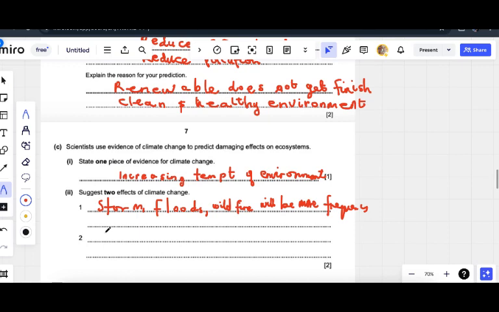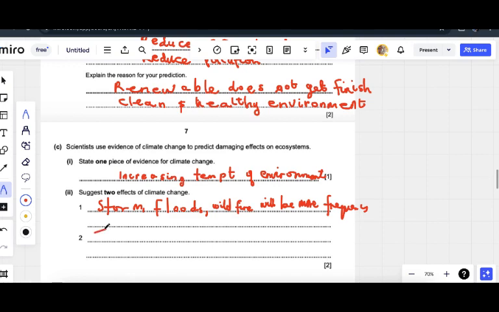Any point you can remember that happens: species that cannot adapt to the changing climate will die. That's also another point. More drought will happen, right? It's likely to happen, which will lead to famine. Famine like no food.